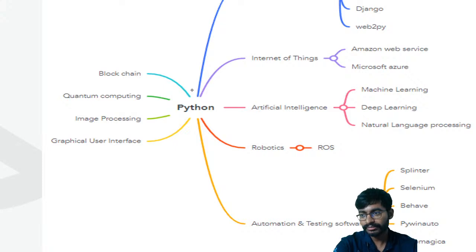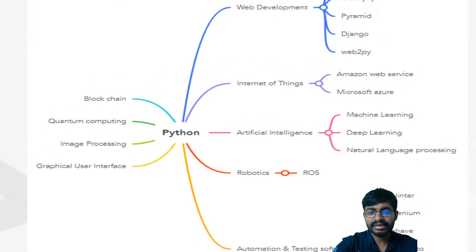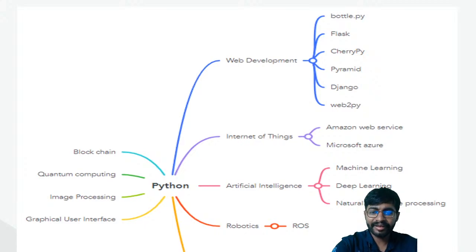blockchain. So throughout this particular section here, if we just go in detail of each and every part, if you go for the web development, Bottle.py is a framework, Flask is another framework for localhost purpose, CherryPy is another framework, Pyramid, Django, Web2Py.